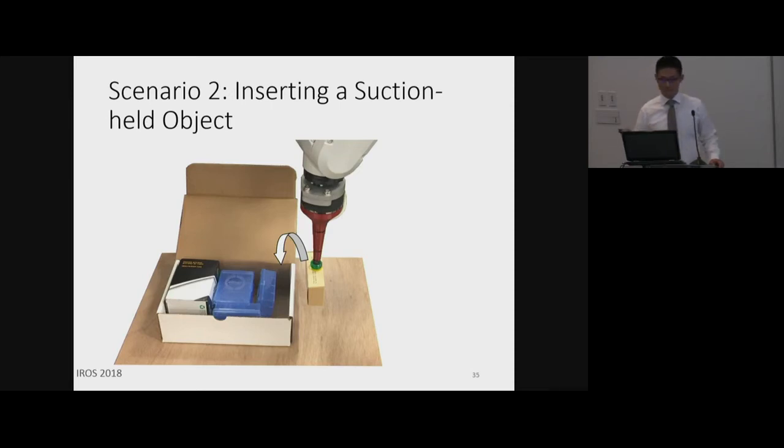This insertion process is also inspired by the Amazon Picking Challenge, where after picking up the object, we want to pack it tightly so that we can save space and also save cost. Here we are focusing on the mating process, which is getting this object from the suction cup and trying to put it into this gap, this hole in the box.